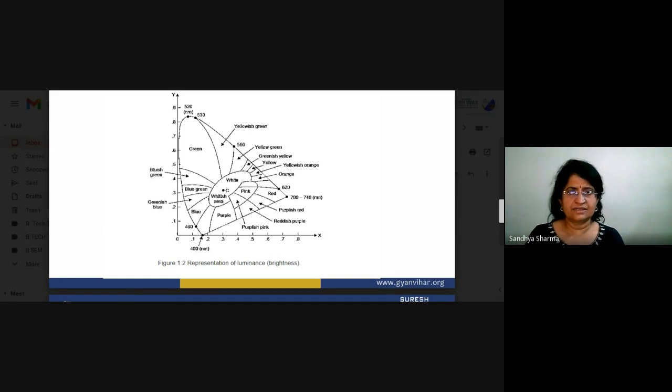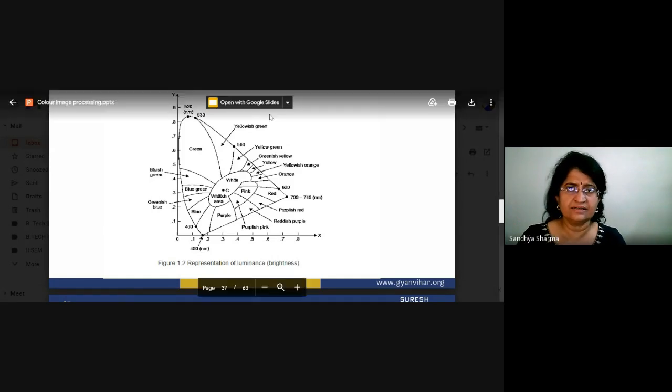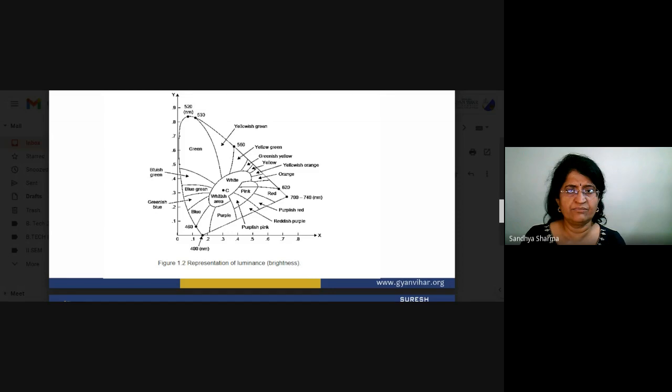This is a 530 nanometer wavelength of green color, there is a 400 nanometer wavelength of blue color, and this is a 700 to 740 nanometer wavelength of red color. By additive color mixing, we can generate the different colors.